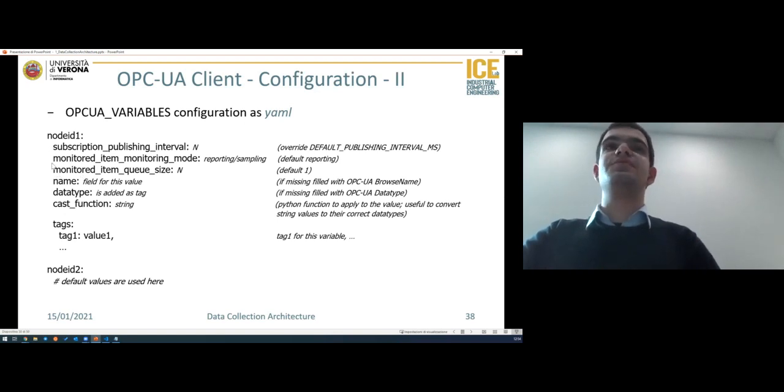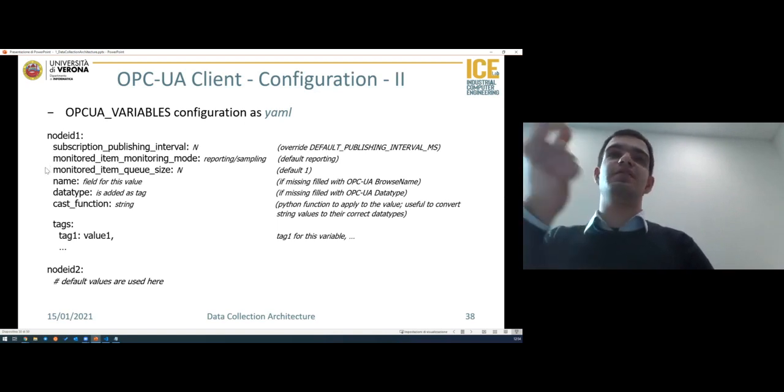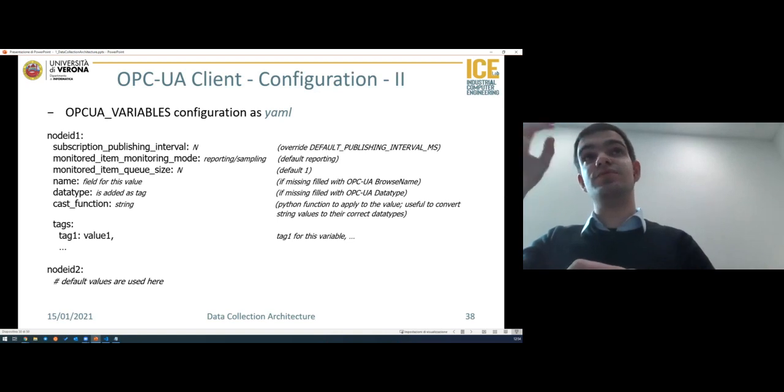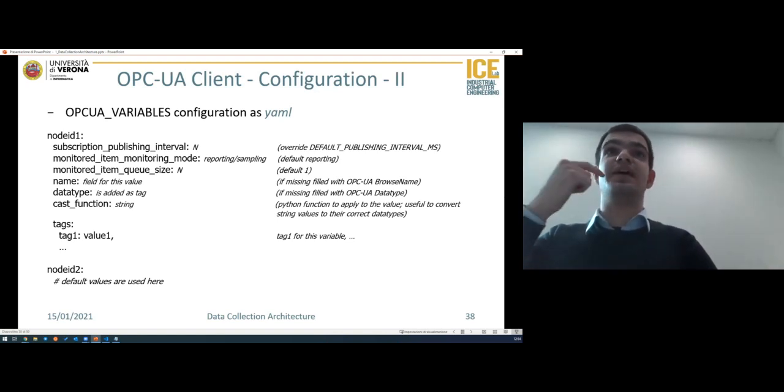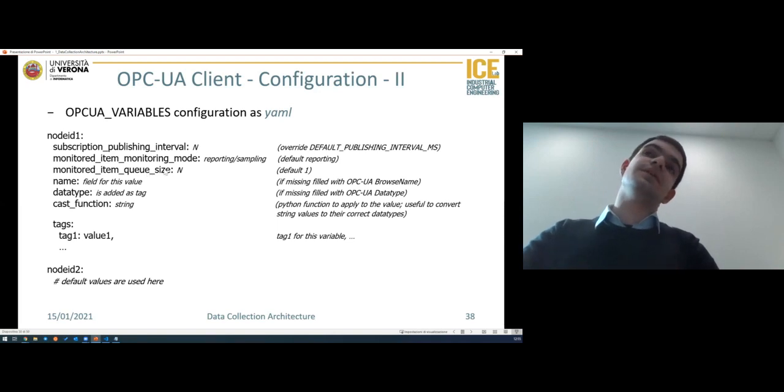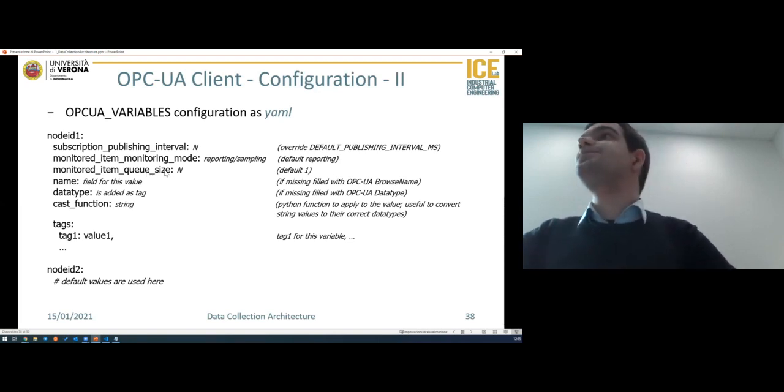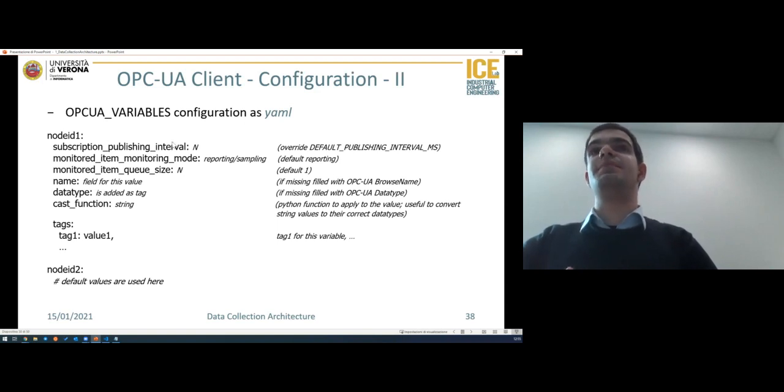The first three values are always related to the OPC UA protocol. So the method that the server should use to monitor this variable, the publishing interval, as said in the previous slide, and the queue size. So this is the maximum number of values we can receive in a publishing interval, so in a period.